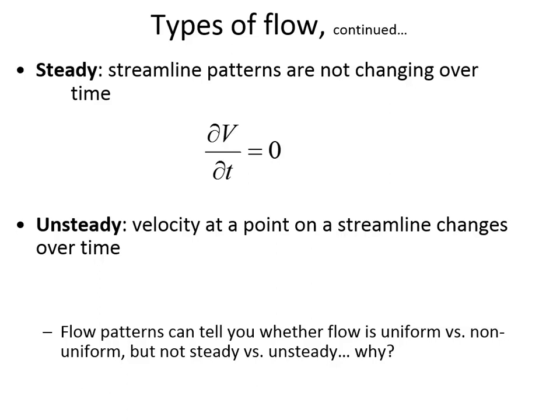That means it's unsteady. But let's say that in addition to that, there was a change in slope. What if there's a part of the channel that's steep and then a part that's shallow?